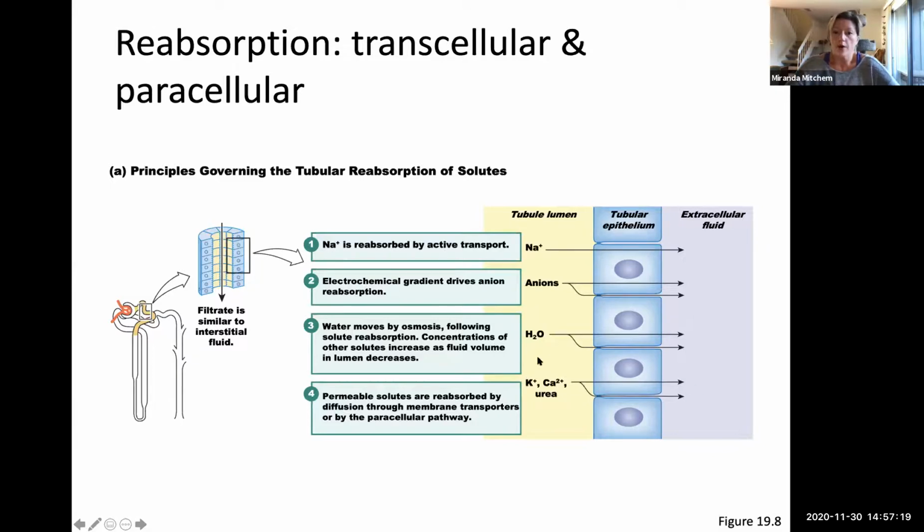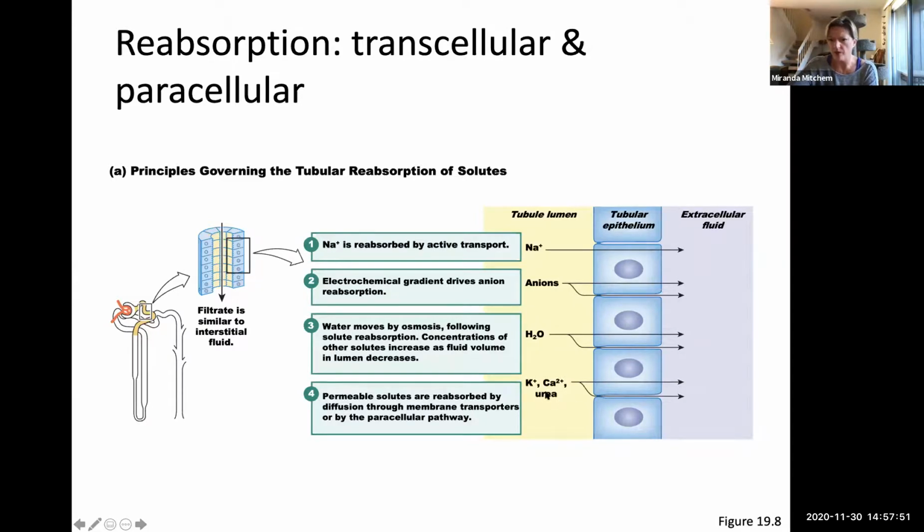We've got water, which is going to move through osmosis, but some of it can go directly through. I mean, water does move on its own through the cellular membrane. It just doesn't go quick enough to support life. That's why we need our facilitated diffusion of water. But once water's moving, that will start to affect the concentration of other solutes in both of these locations. And then we've got some other material that can pass.